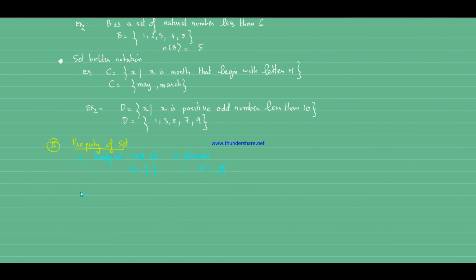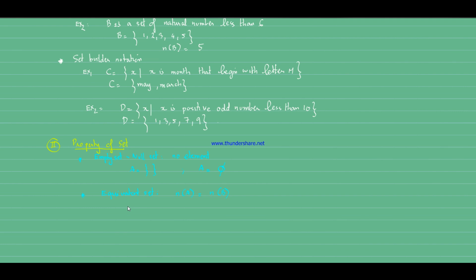If they have the same cardinality number, then we call them equivalent sets. So equivalent sets are sets with the same cardinality. Set A has 5 elements, set B also has 5 elements, so it's the same, and we call them equivalent sets.